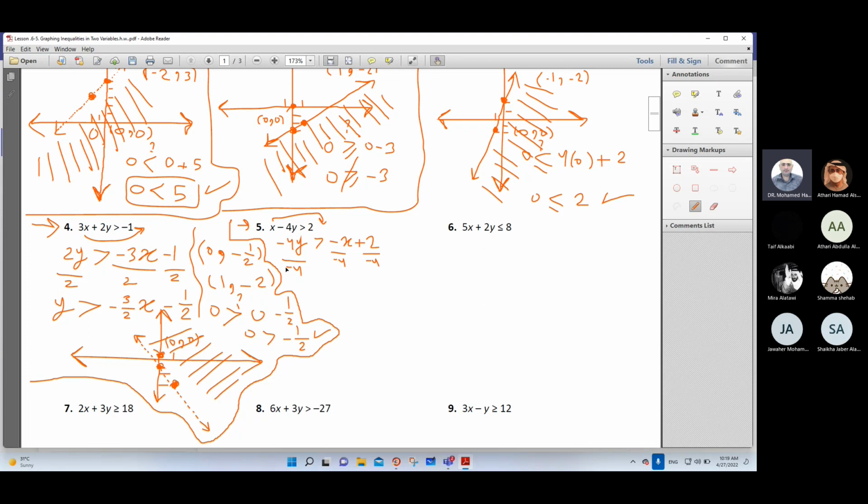So negative 4y divided by negative 4 will be y. And remember to switch the direction of the sign because you divide by a negative number. And here will be 1 over 4 x. And here will be negative. If you do the simplest form here, divide up by 2 and divide down by 2, you will get 1 over 2.